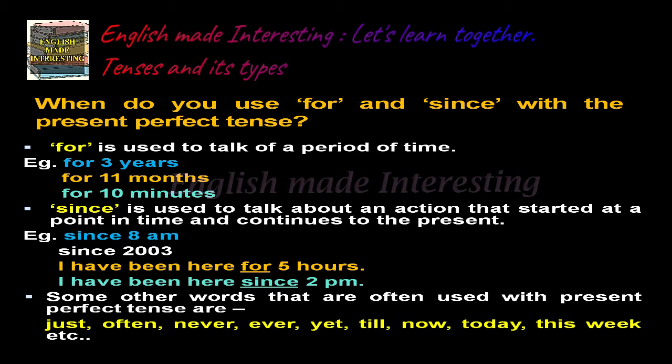Example, since 8 am, since 2003. I have been here for 5 hours. I have been here since 2 pm, etc. Some other words that are often used with present perfect tenses are just, often, never, ever, yet, till, now, today, this week, etc. Hope it's clear.